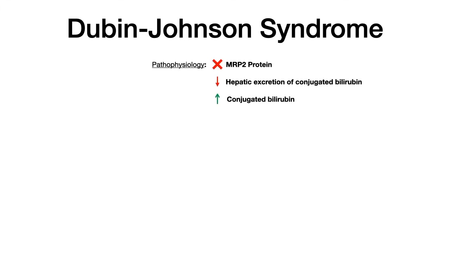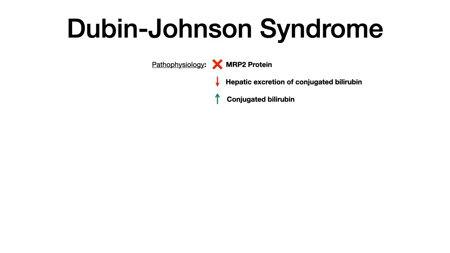So the pathophysiology here is that the MRP2 protein is dysfunctional. And the MRP2 protein is basically responsible for the hepatic excretion of conjugated bilirubin. So if that protein is missing or is not working, then you're not going to be able to get conjugated bilirubin out of the liver.